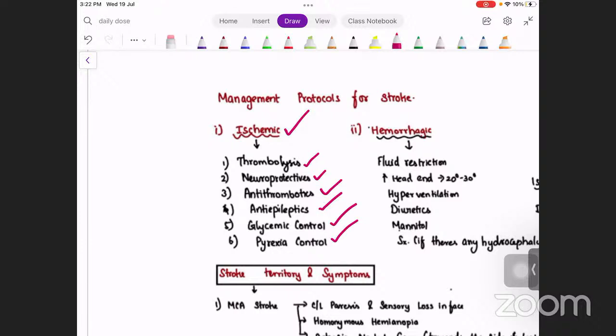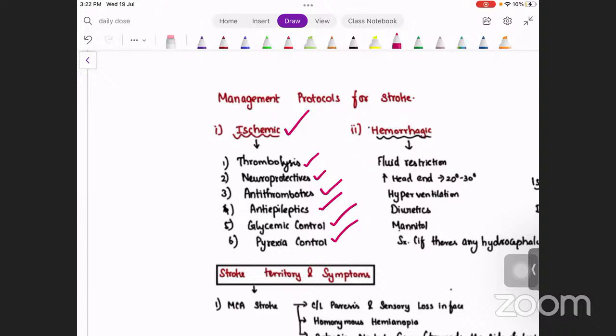For that, we used to call the endocrinologist to take over the glycemic part. Okay, because strict glycemic control is very, very essential in terms of your ischemic stroke. So neuroprotective, antithrombotic, anti-epileptic, glycemic control, and pyrexia control are the 5 things. They should be on the checklist of the patient's drug chart so that you are managing him clearly.